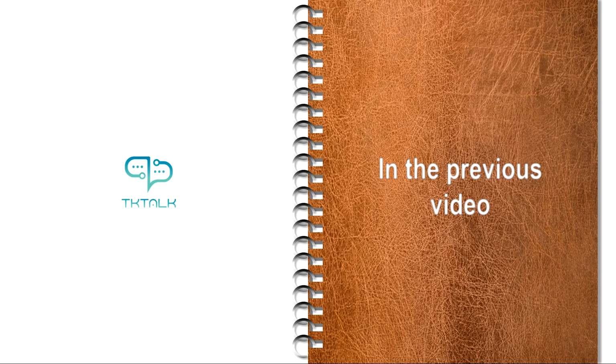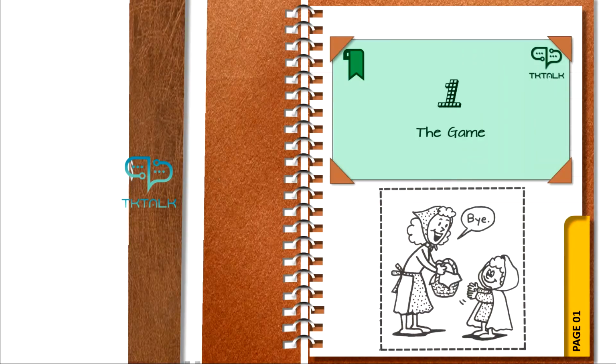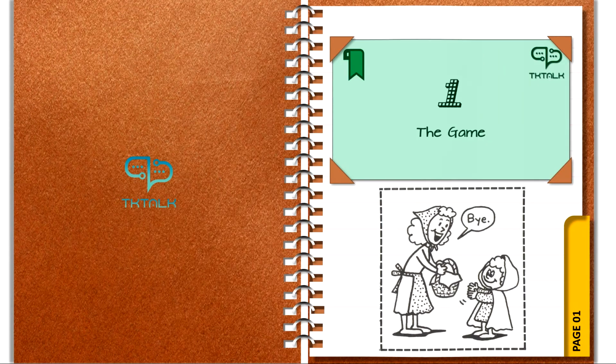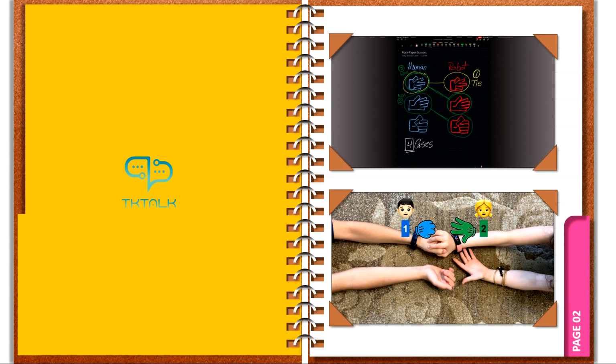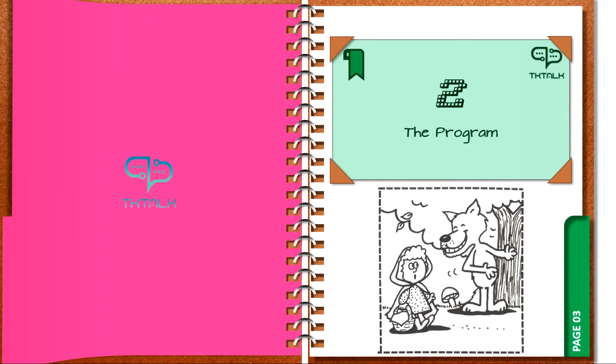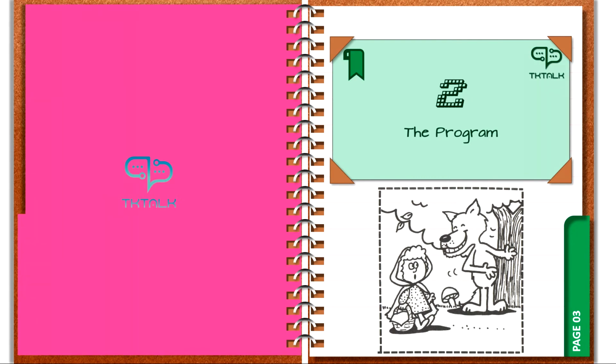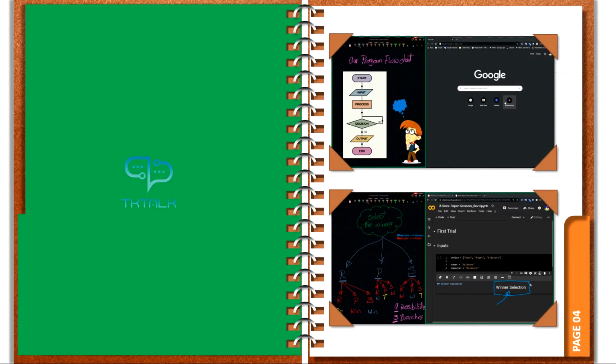Okay, in the previous video we started with the game. We explained the concept of rock, paper, scissors, and we showed a demonstration of it. Then, we moved to the program. We explained briefly what the flowchart is, and we created our logic scenario chart.